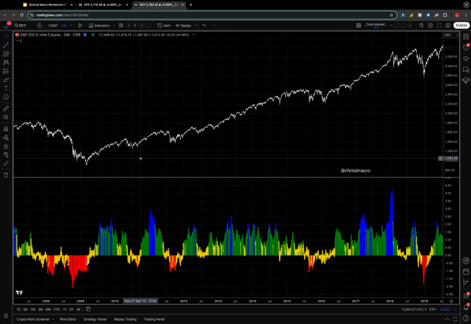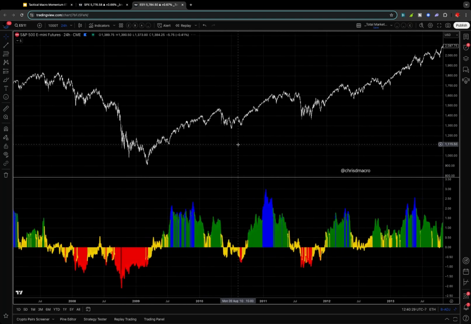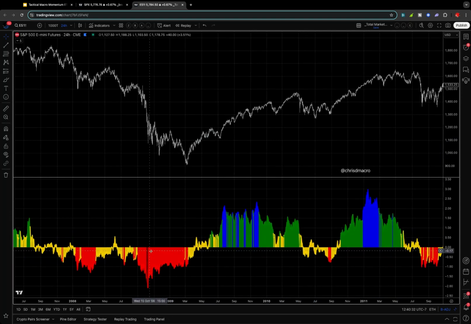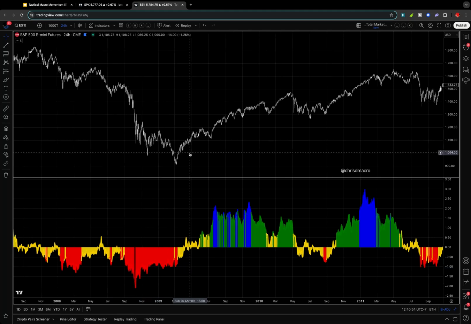We can go back to the global financial crisis to see the previous example. It's so rare, the move down takes so long, and when it actually happens, it mostly signifies capitulation, not anything else. And it still took a while to recover.